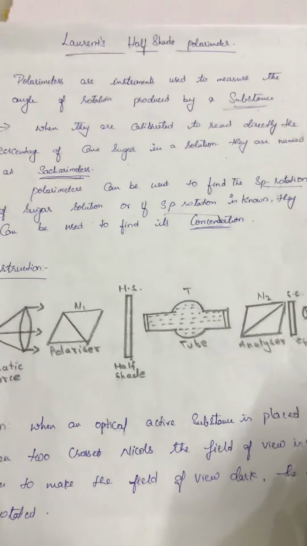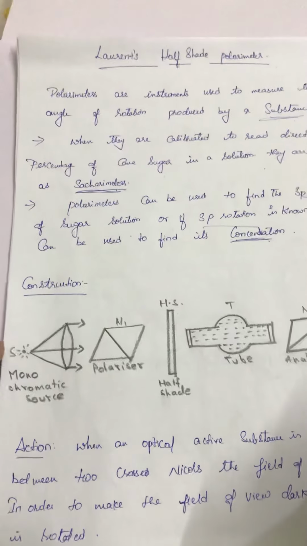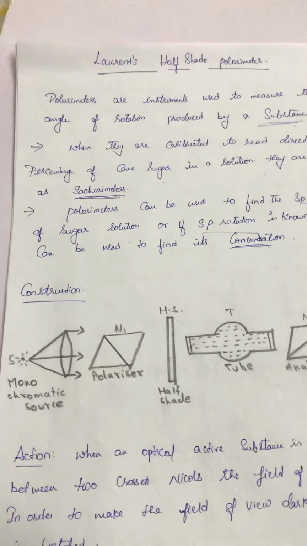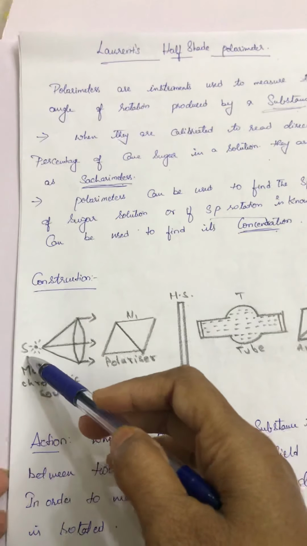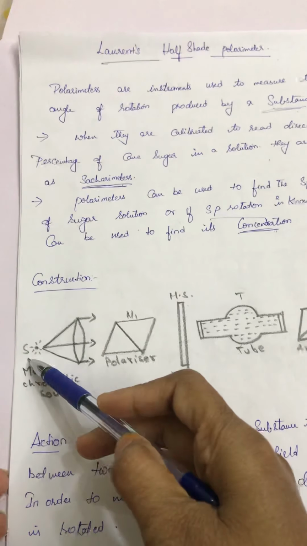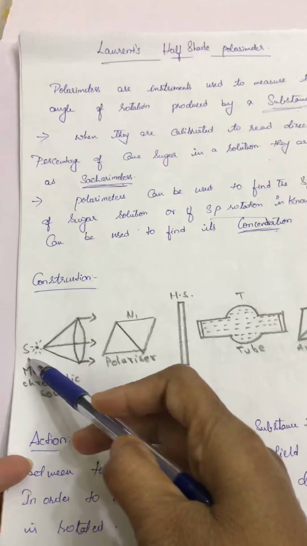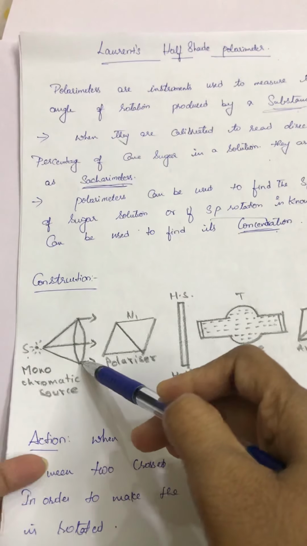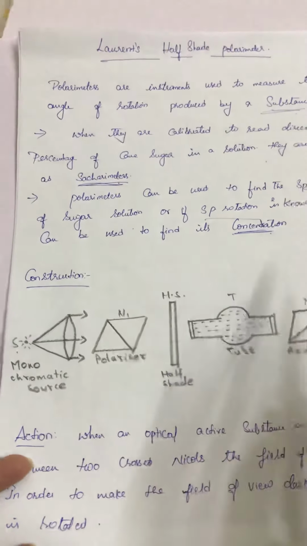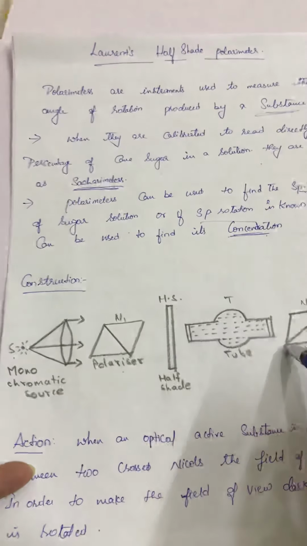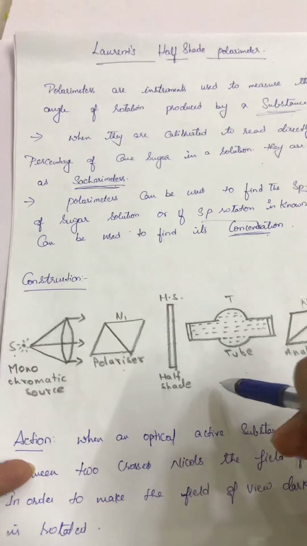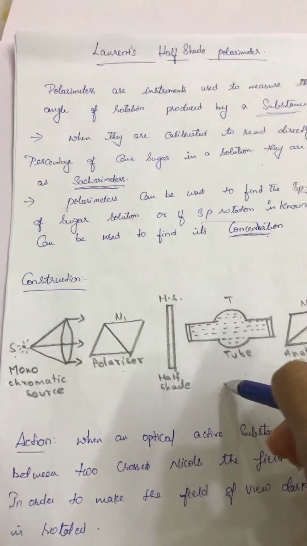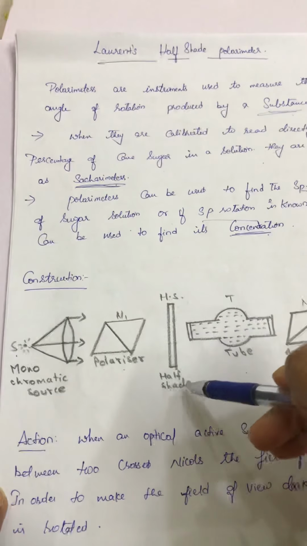This is the construction. It consists of a source, that is a monochromatic light source, next a lens, and Nicol prisms N1 and N2. Between these two we arrange the Lorentz half-shade polarimeter, HS, meaning half shade.